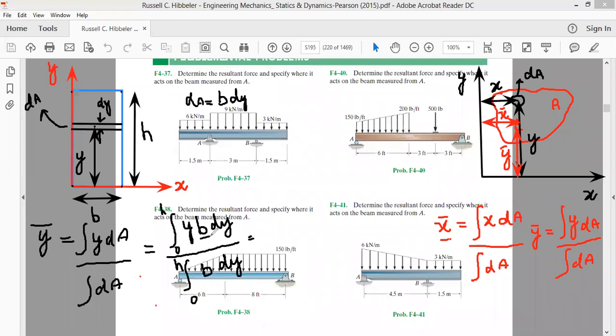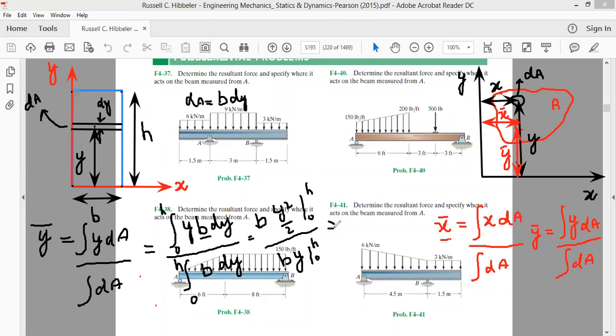Since b is constant, it comes out of the integration. We are left with integral y dy, which is y square by 2, with limits from 0 to h, divided by b times integral dy, which is y from 0 to h.